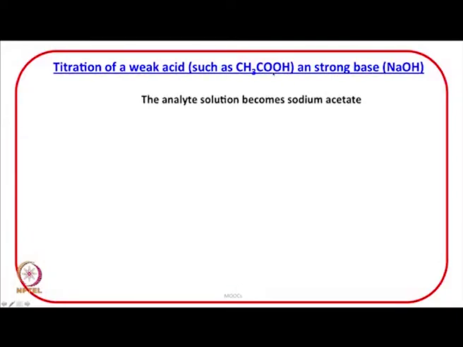So when you titrate, let us write down the equation.